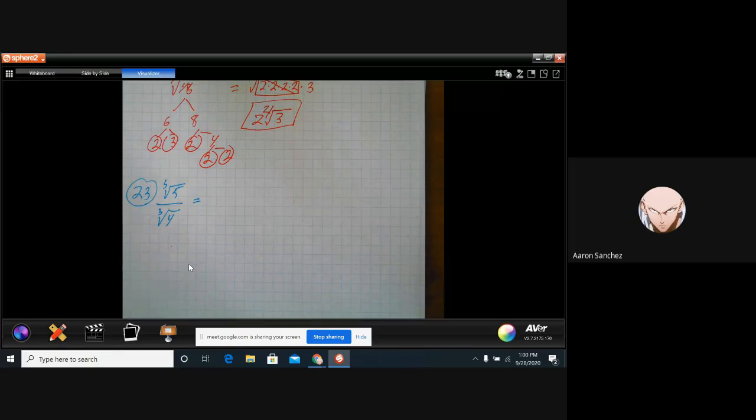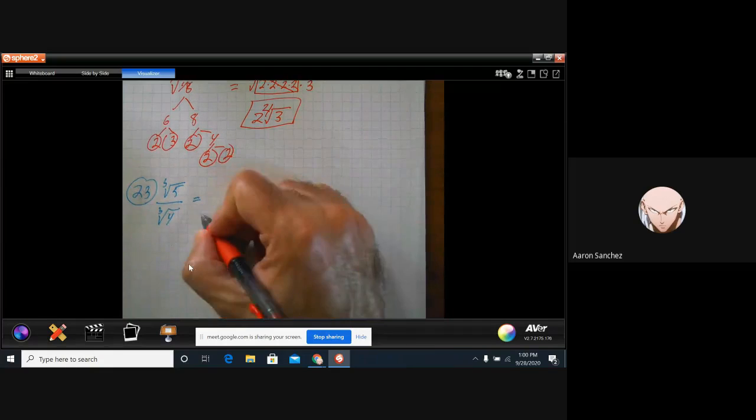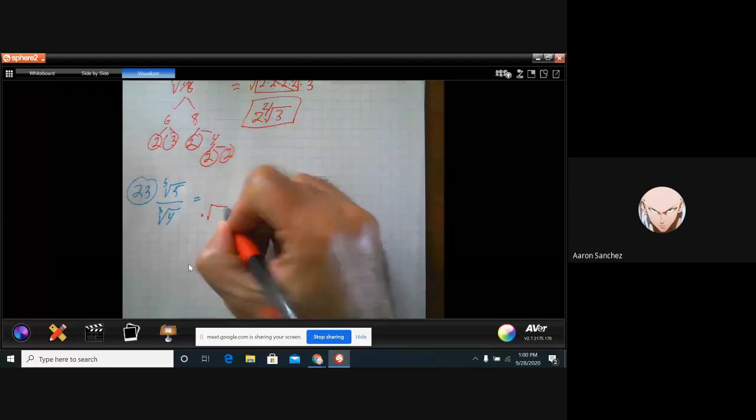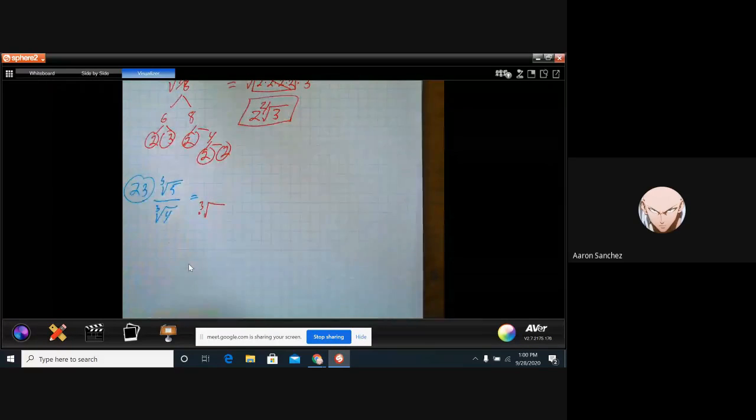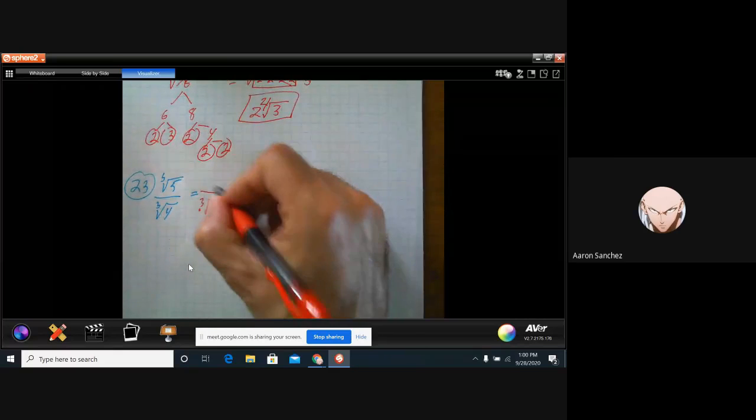I got 8, 27, 4 times 4 times 4, 64, I think, is one. So I can make this into a perfect cube through multiplication by making it an 8. I can make this 4 an 8 because it's a perfect cube. So what do I multiply 4 by to make it an 8? Yes, 2.